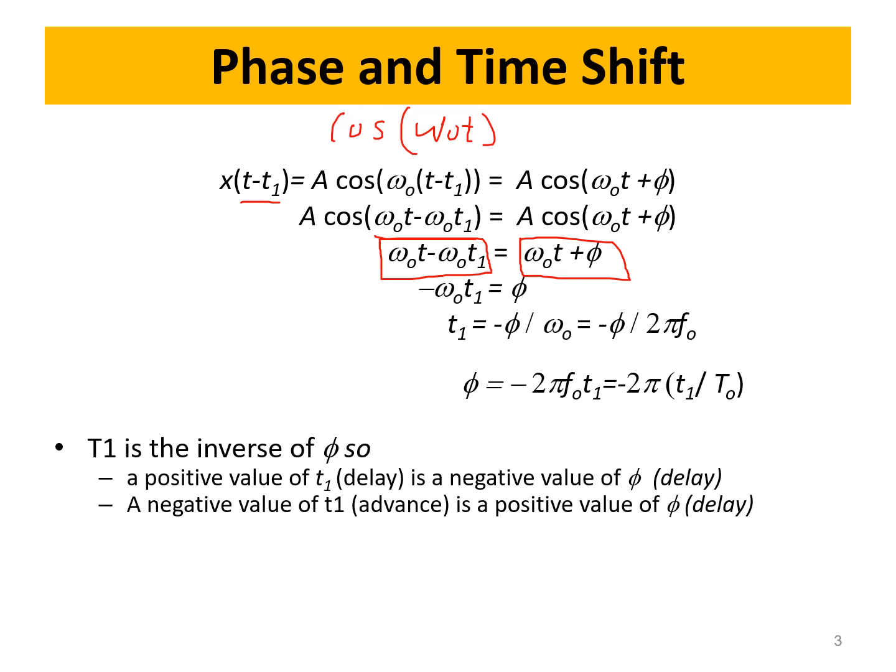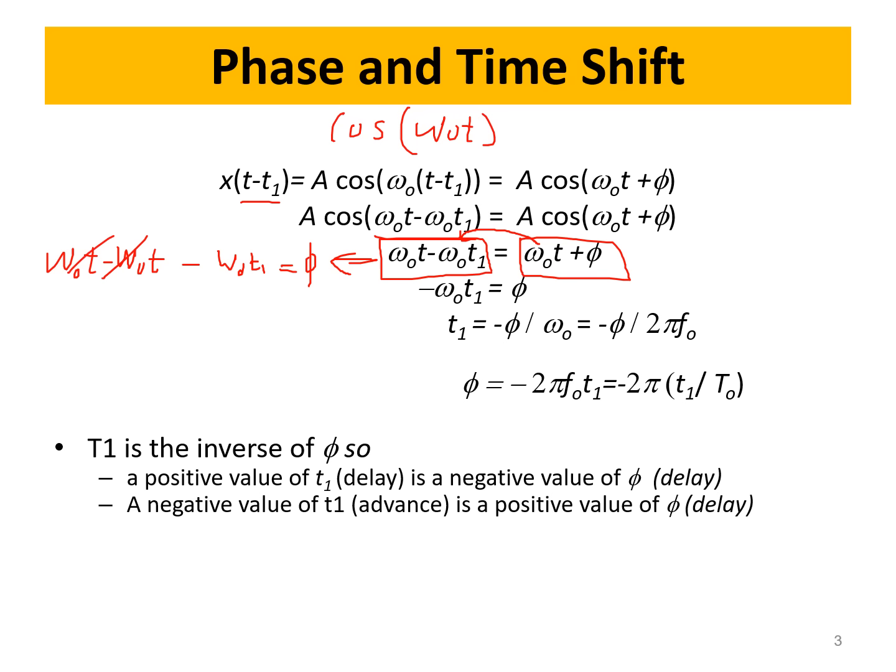From these angles, you can see that minus w0 t1. This is w0 t, right? Move it to the other side and change its sign. You'll end up with w0 t minus w0 t1 equals w0 t plus phi.